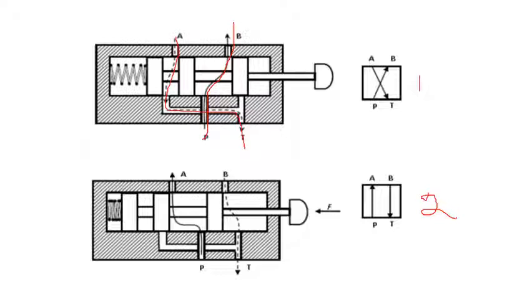This is retracted position. The piston travels inward. And in the second position, because of this force, the P is connected like this and B connected towards tank. So it tells extension.